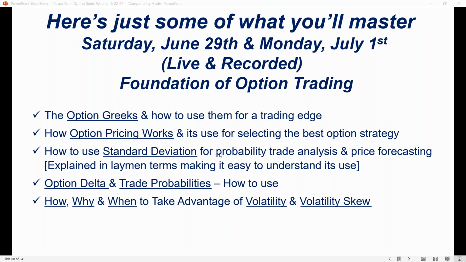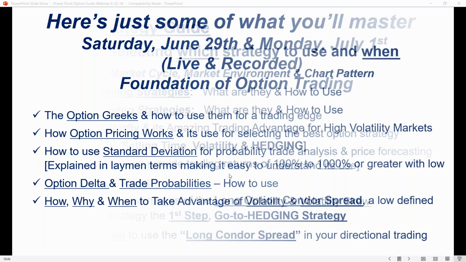So we'll make sure you understand how to do that. The importance of how to use your option delta for trade probabilities, and how to do that for all your trades to assess risk. Then we'll get into how, why, and when to take advantage of volatility and volatility skew, the two different skews we'll talk about, positive and negative skew, and how those can affect and benefit your trade.